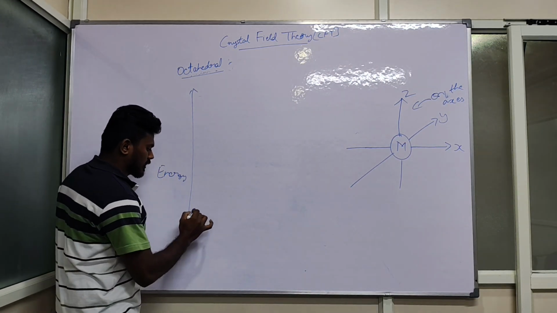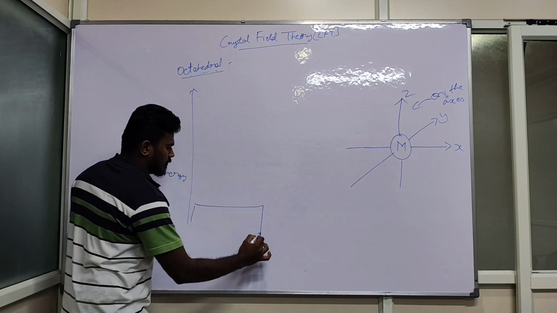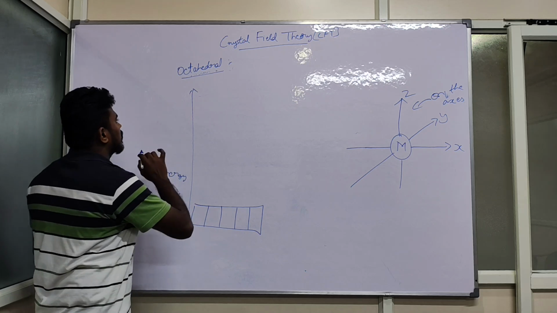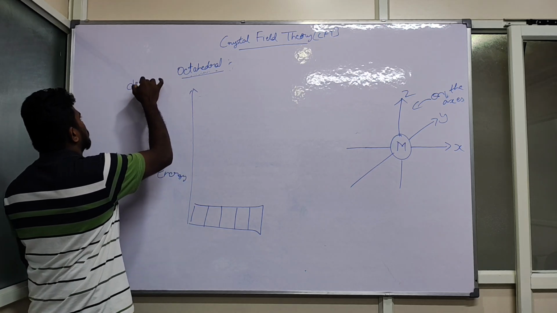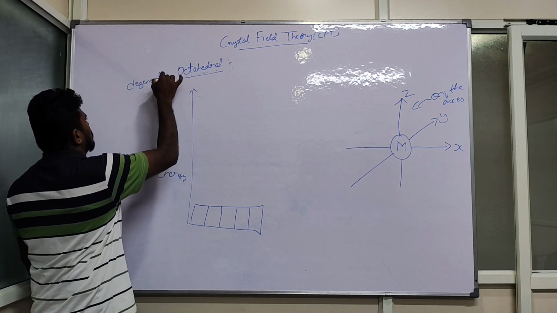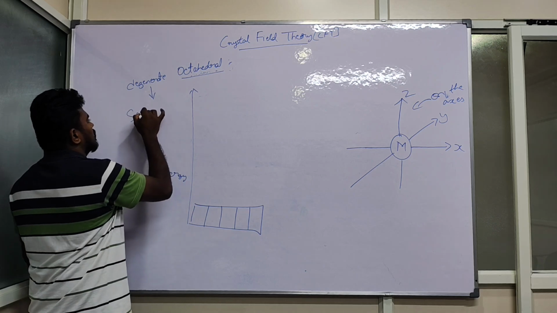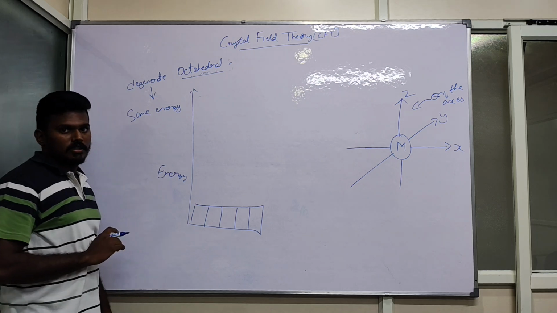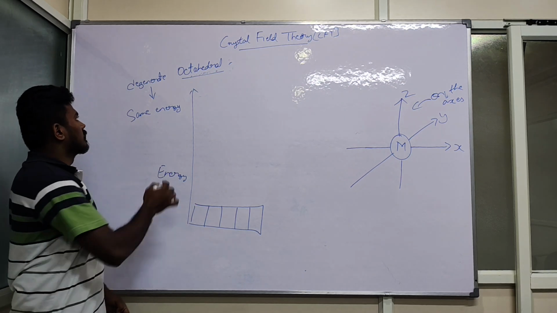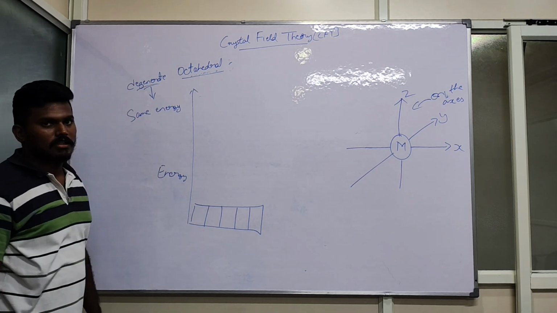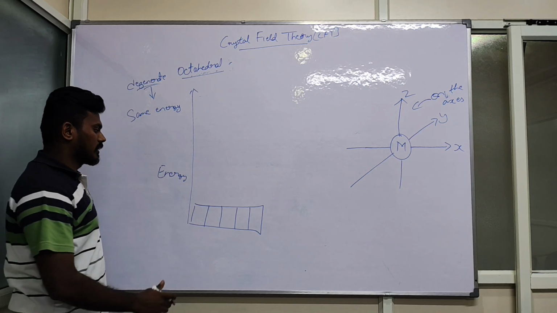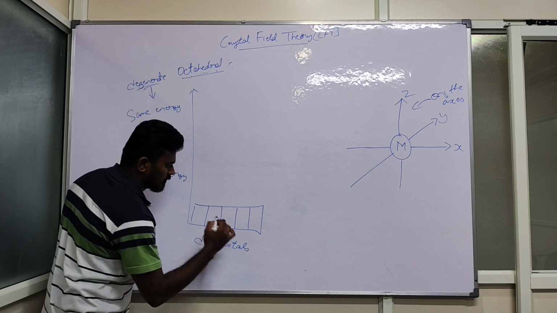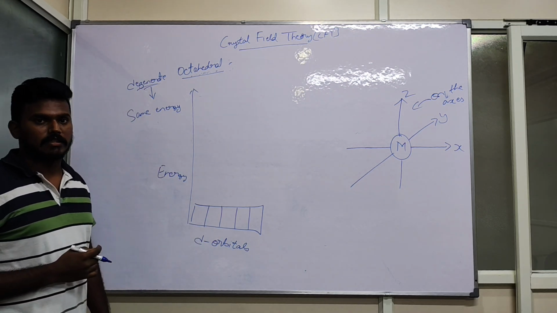So here in the octahedral complex, we can find the degenerate orbitals. Degenerate orbitals are orbitals which have the same energy. So in the octahedral geometry, the d orbitals have degeneracy.